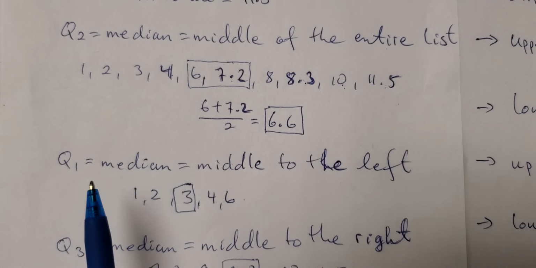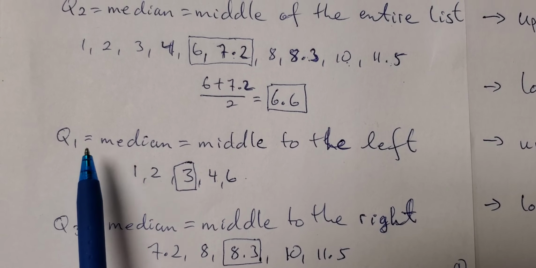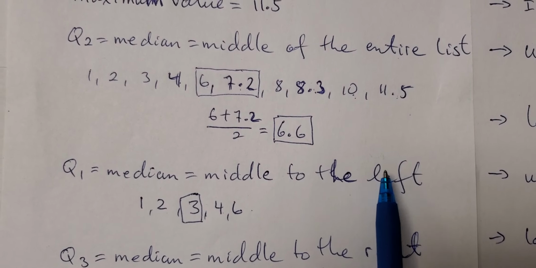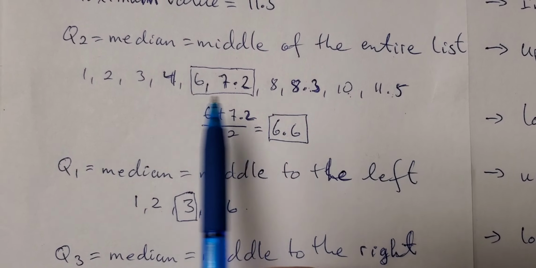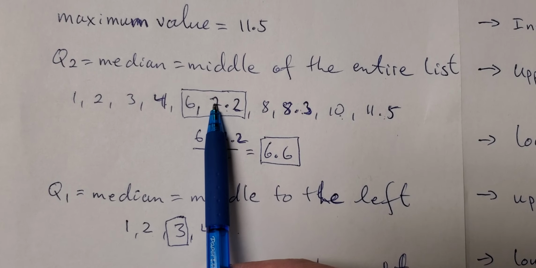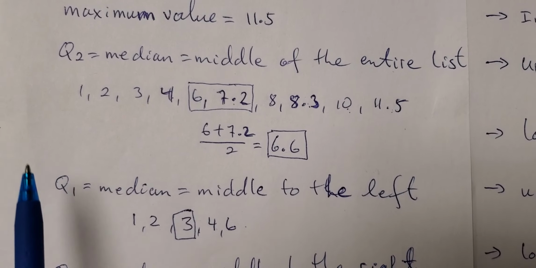Okay. Next number we need to find is Q1. Q1 is the median, or the middle, of the left side. So here is the original list. From the middle, or Q2, to the left will be Q1.